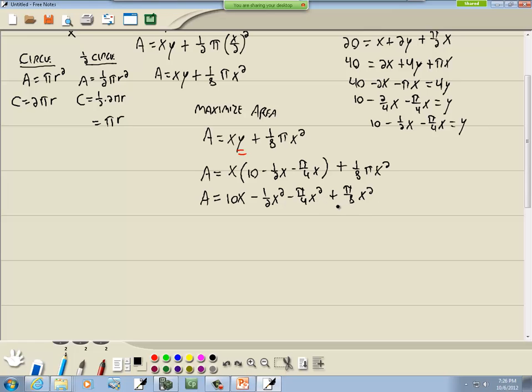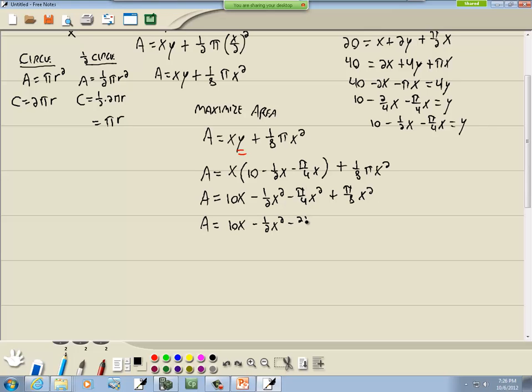Now these I could merge together, but let me double check my work here. 10x minus 1/2 x squared minus pi over 4 x squared plus pi over 8 x squared. Okay, I can get a common denominator on those last two. So we've got A is equal to 10x minus 1/2 x squared, and I'll multiply top and bottom of this fraction by 2.